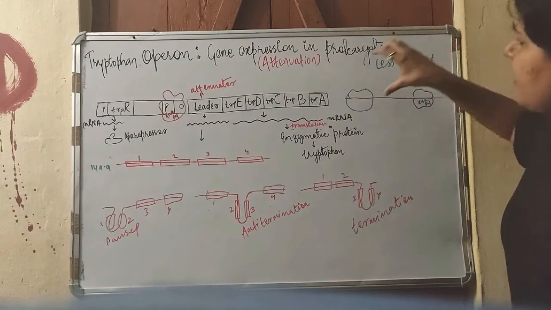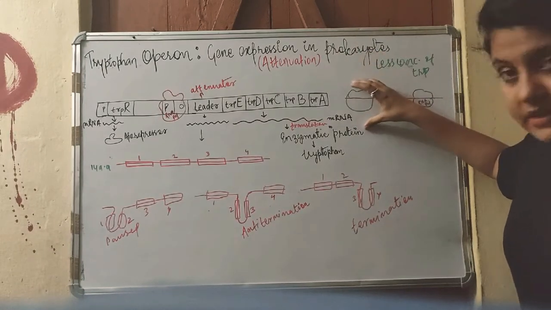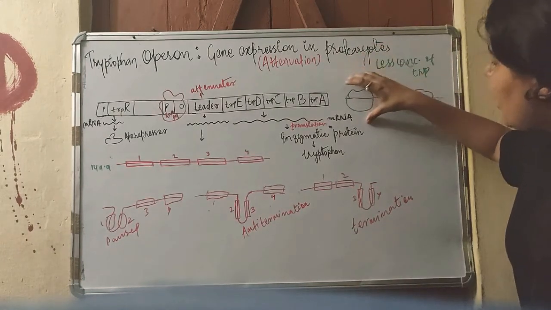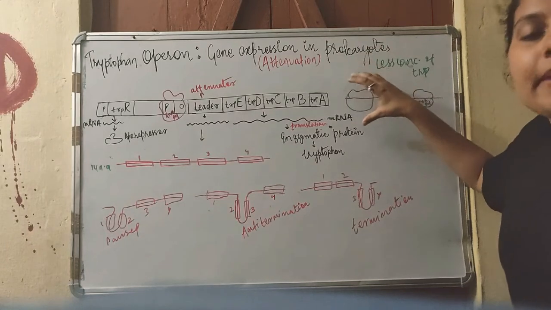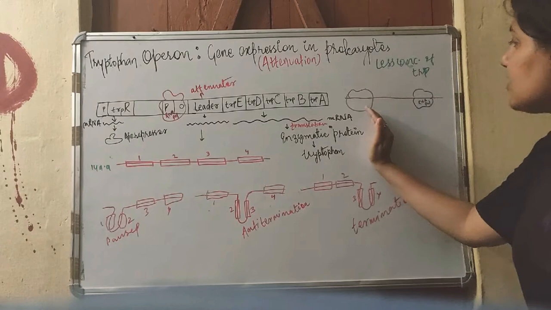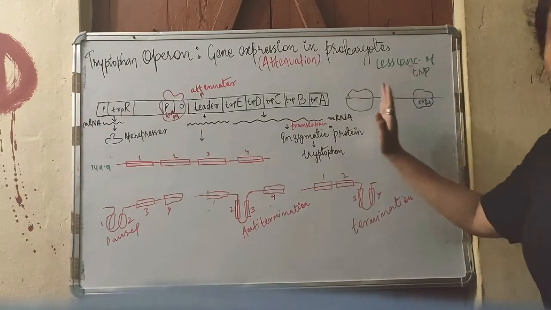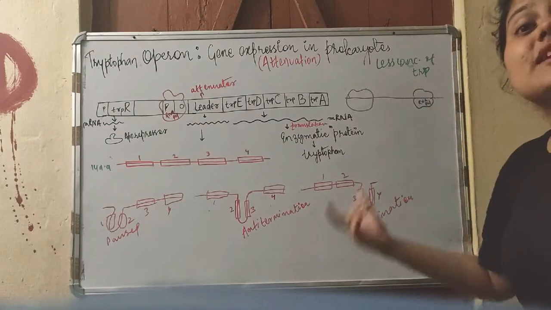At the same time, the ribosome will come and sit, and they will start synthesizing the polypeptide, and that is why we can say that the processes of translation and transcription are happening at the same time.